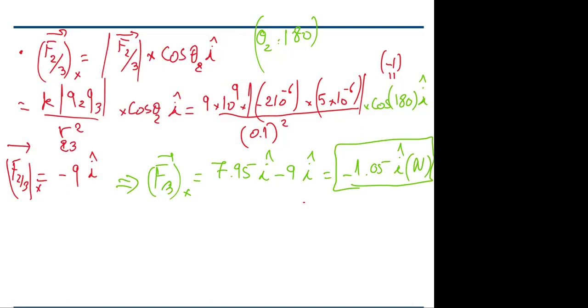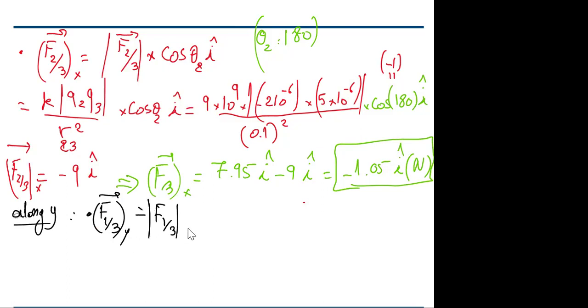We will repeat the same steps, but along y. Along y, we will calculate the first component, f1 on 3 along y. So it's f1 on 3 as magnitude multiplied by sine theta 1 j.